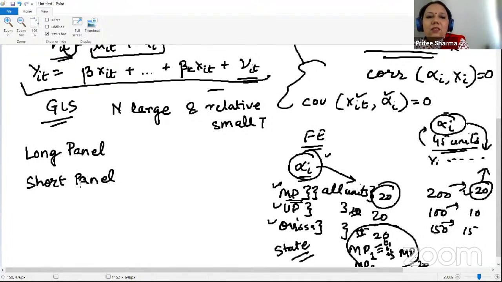Now, what is long panel? Long panel is when the number of units or entities is smaller than the number of time periods for which we have data for each entity.